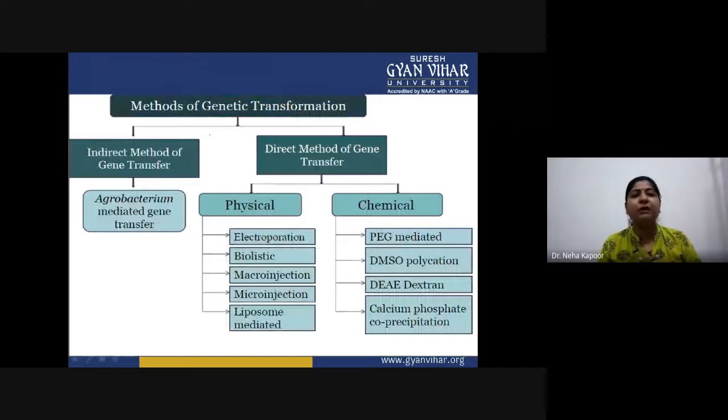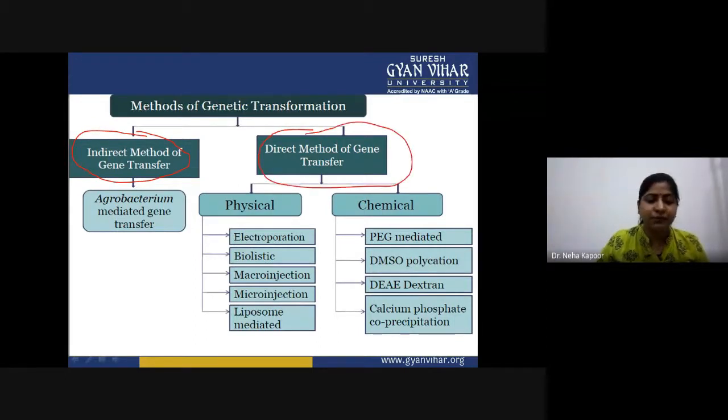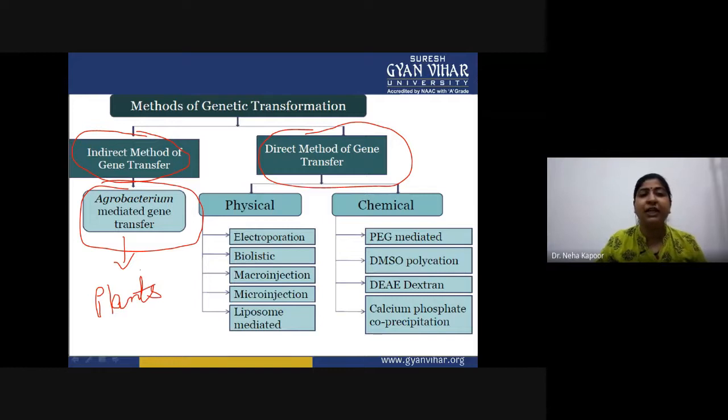So as I told you, there are two main methods, indirect and direct gene transfer. In the case of indirect, it is Agrobacterium mediated gene transfer that happens in plants, because Agrobacterium tumefaciens is a natural genetic engineer and it contains a Ti plasmid which basically contains T-DNA.